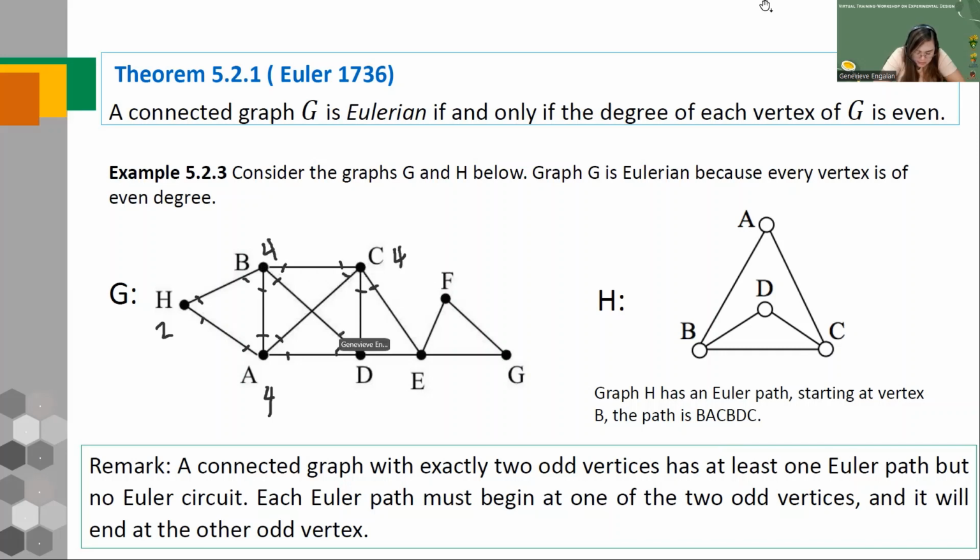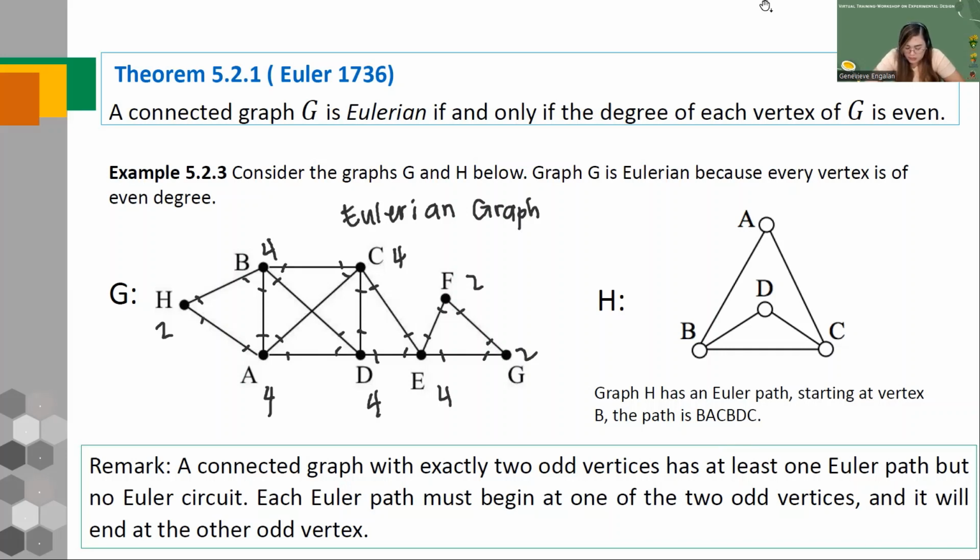Si D is 4. Si E is also 4. Si F kay naay 1, 2. Si G kay naay 1, 2. So this is an Eulerian graph. Kay tanan vertex niya is even ang degree. So this is an Eulerian graph.